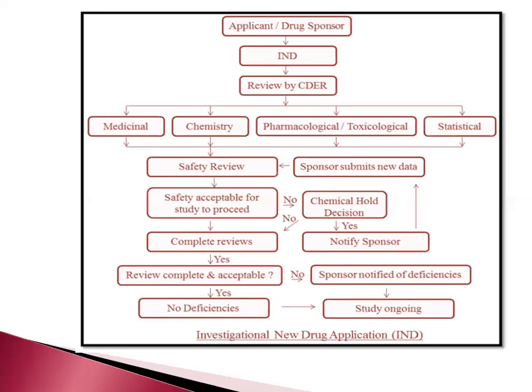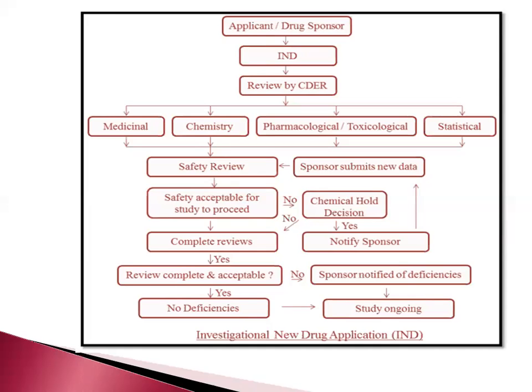Then again, the sponsor will check the requirements. As per requirement, again he will file the IND application. So these are the consequences. If the safety report is okay, then we can proceed. If the medicinal chemistry, pharmacological, toxicological, and statistical reports are okay, in that case, we can continue. We will check safety related issues, the safety report. Once it is okay, we can proceed.